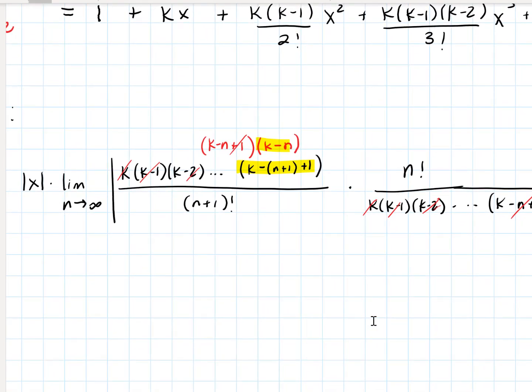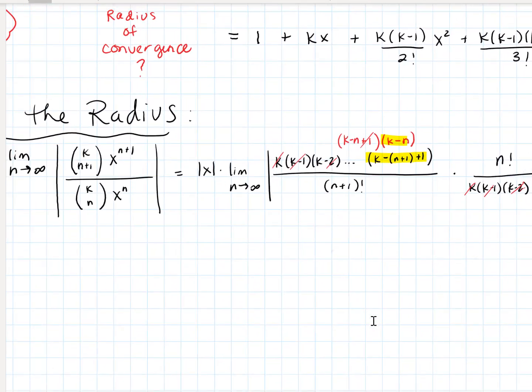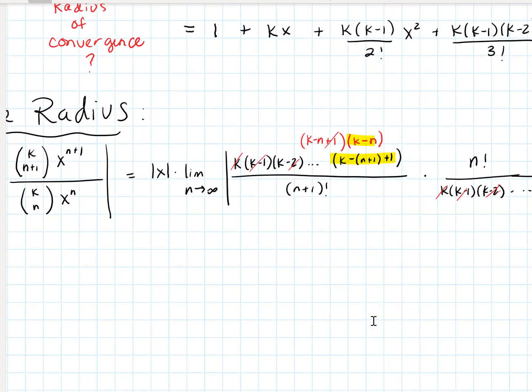And so this ends up becoming the absolute value of x times the limit as, once I get through all that reduction, I end up with just k minus n over n plus 1. Okay? As I expand out those coefficients, and then I do the reduction.